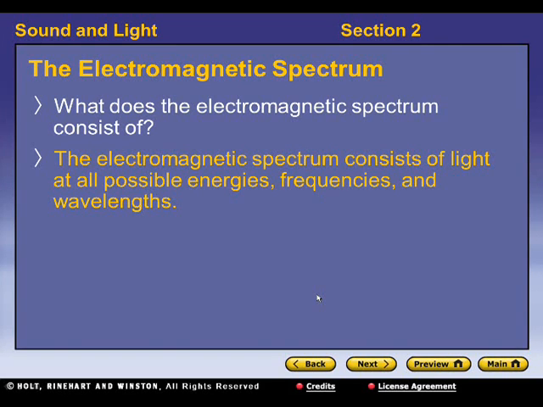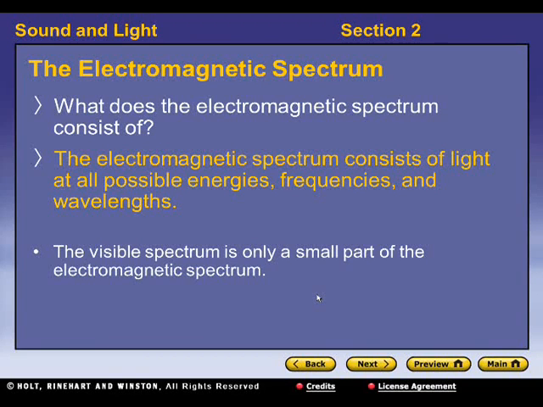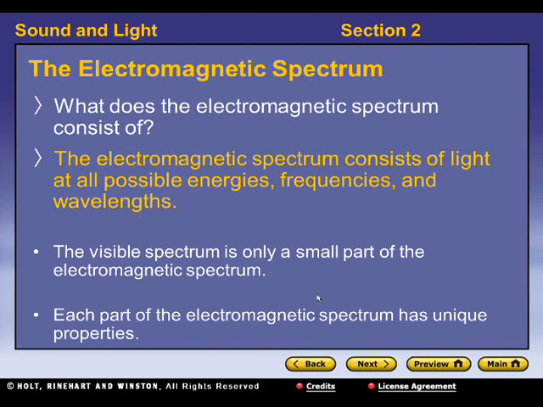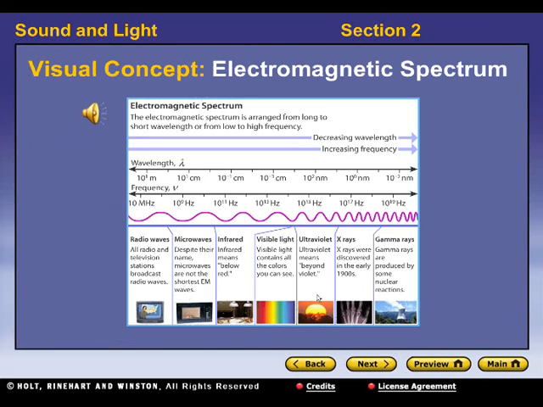So what does the electromagnetic spectrum consist of? The electromagnetic spectrum consists of light at all possible energies, frequencies, and wavelengths. The visible spectrum is only a small part of the electromagnetic spectrum, and each part of the electromagnetic spectrum has its unique properties. So let's look here at the different parts of the electromagnetic spectrum.